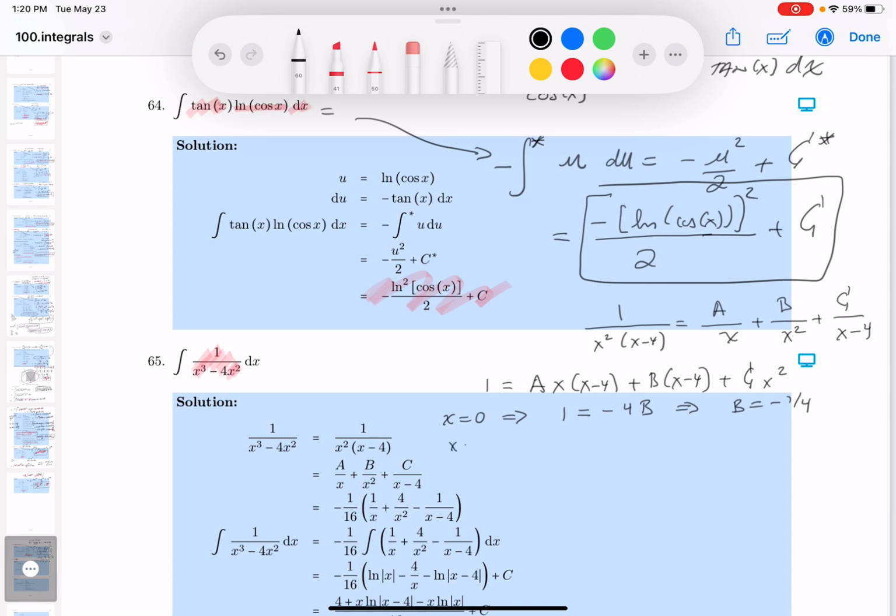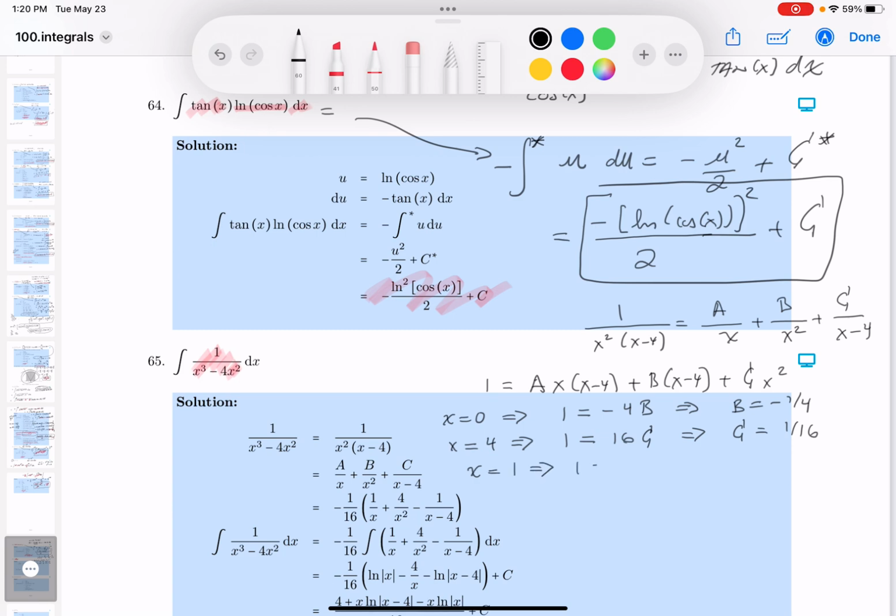Then I would pick another easy x value, for example, 4. On the left side, I get 1. And what would you get there? You'd get 16c. What does that give me? c would be 1/16. All right, I can pick another easy value. I'm going to pick x to be 1 now. And what would you get?